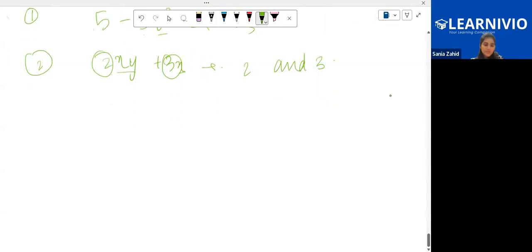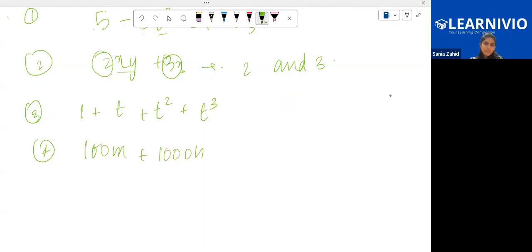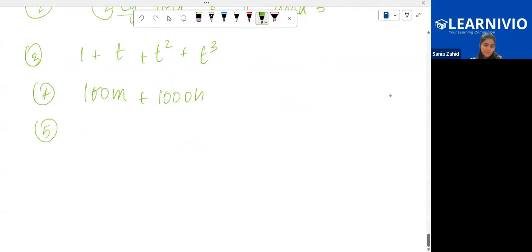Please write the coefficients for these. You have to write the numbers that are associated with the variables.